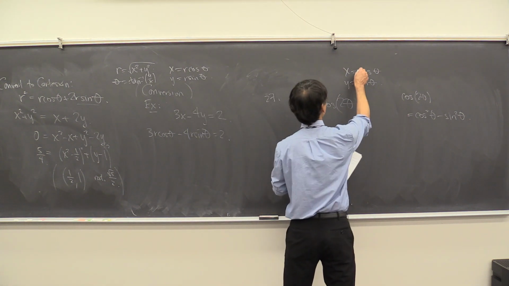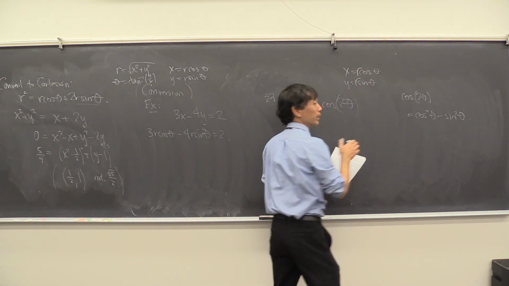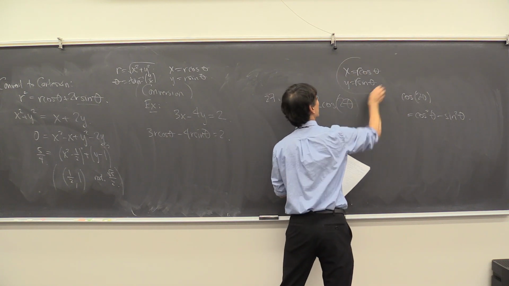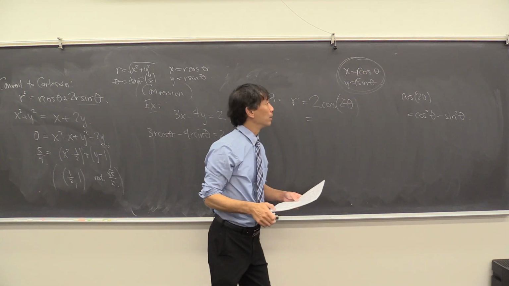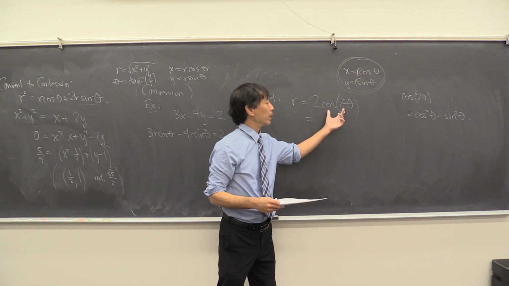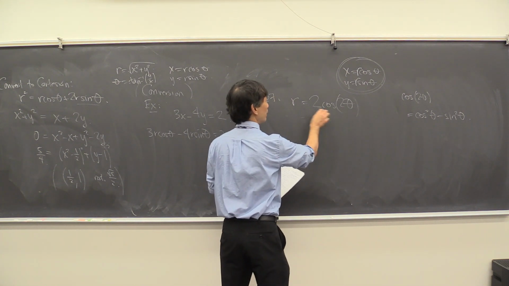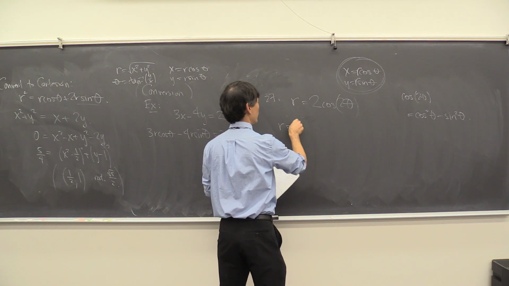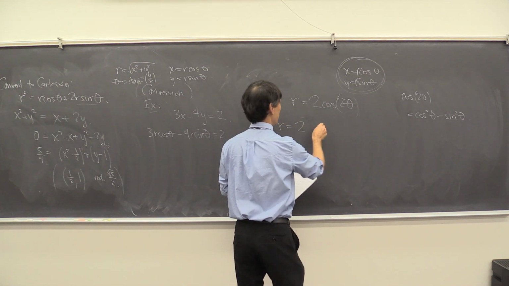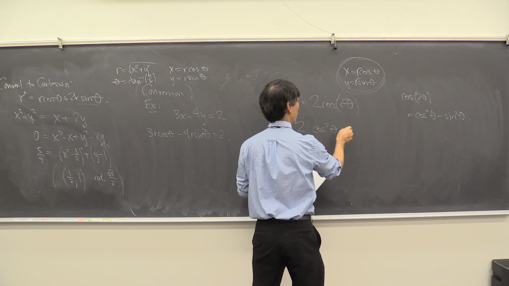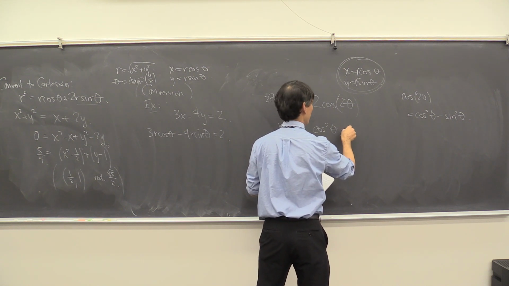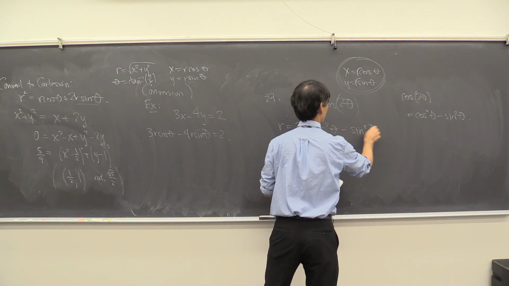Oh, I'm sorry. X is r cosine theta and y is r sine theta. Sorry. Right. Okay. So we can rewrite this as r equals 2 times cosine squared theta minus sine squared theta.